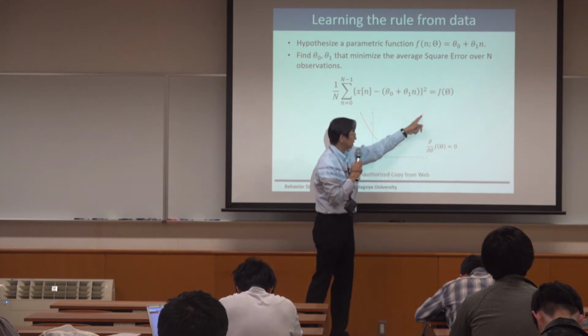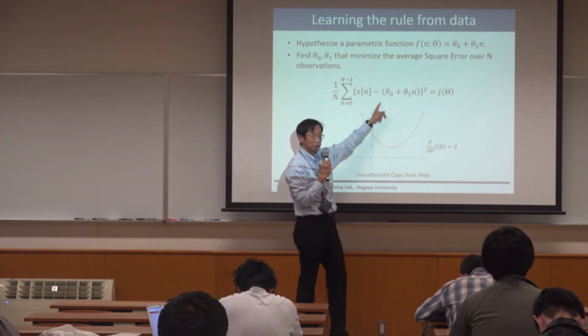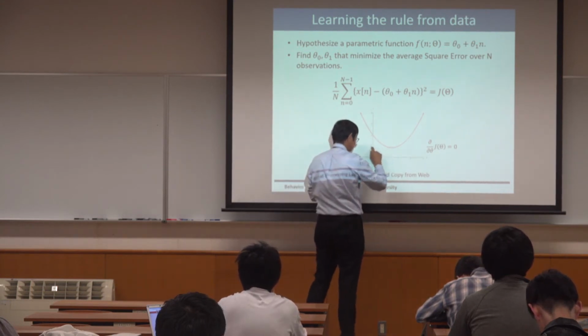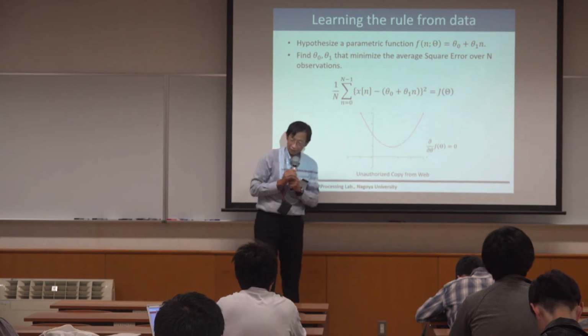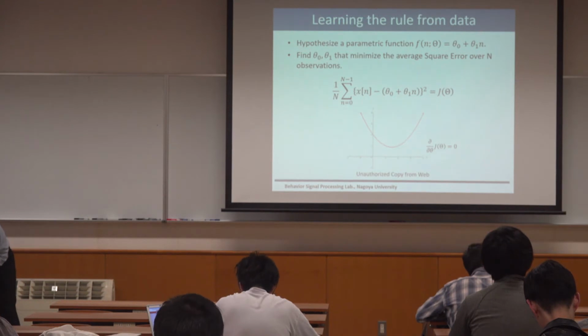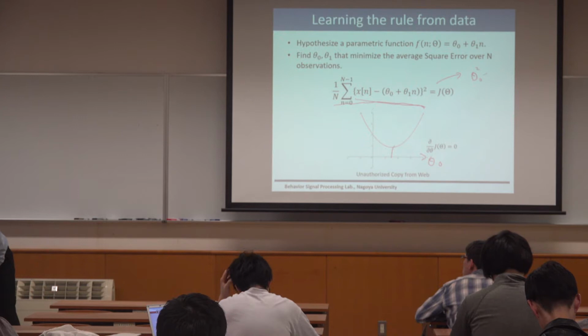It becomes this kind of shape, because this is a quadratic form of theta 0. Which means that there is one value of theta 0 which gives the minimum. Things can be rewritten as something like theta 0 squared plus blah blah blah theta 0 plus blah blah blah.